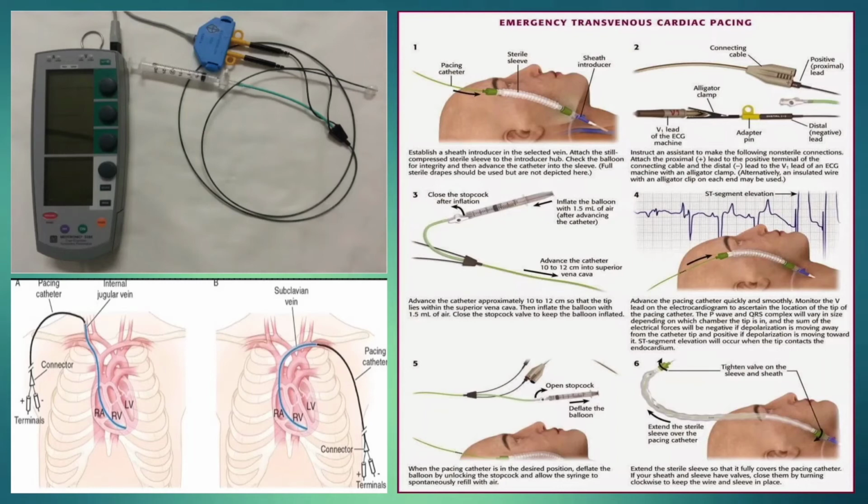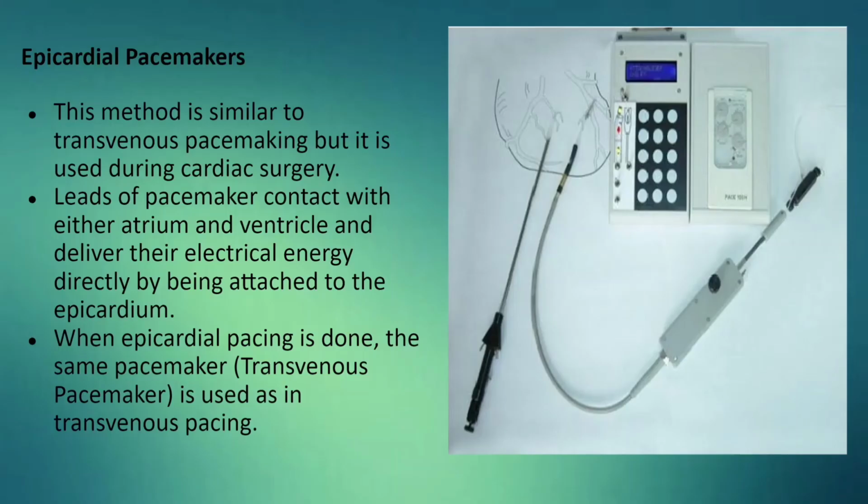In addition, the transvenous pacing method is just for temporary and reversible conditions, or if patients are waiting to get a permanent pacemaker. So then the last way is epicardial pacing. As you know, the epicardium is the outer layer of the heart, and it forms the inner layer of the pericardium that surrounds the heart muscle.